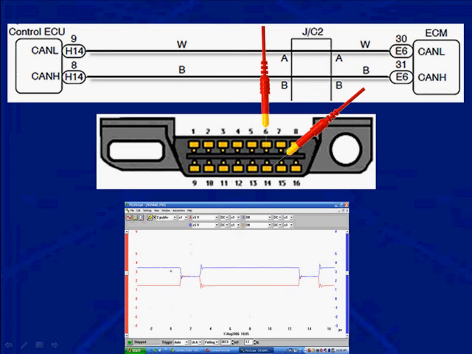And then if you have to work on this 152, you can go right to pins 6 and 14 at the DLC and look for the correct pattern. If you have the correct pattern, then you're going to have to look up TSBs to see if there's some programming that you need for one of the ECUs.